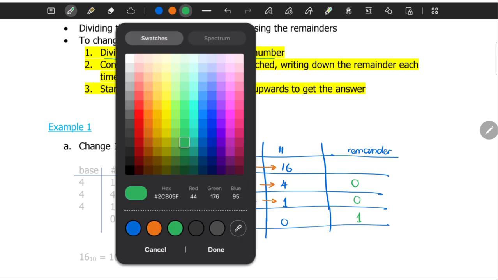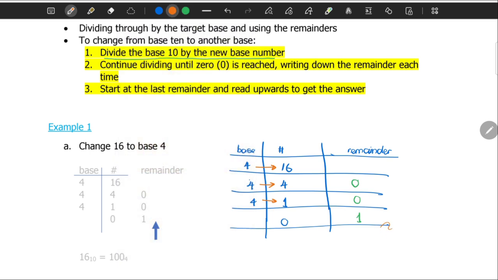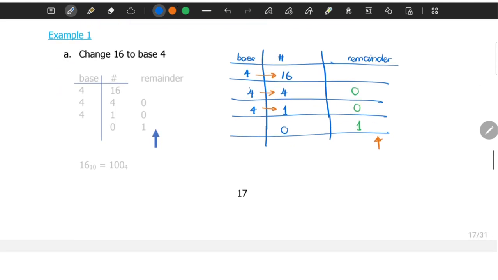And then what you do is you read the remainders from the bottom up. So your answer becomes 16 to base 10 is equal to 100 to base 4.